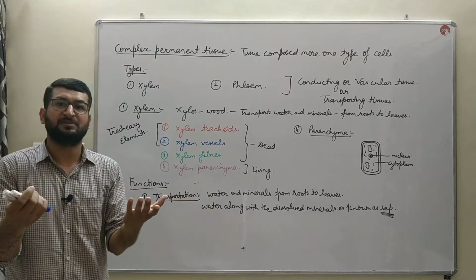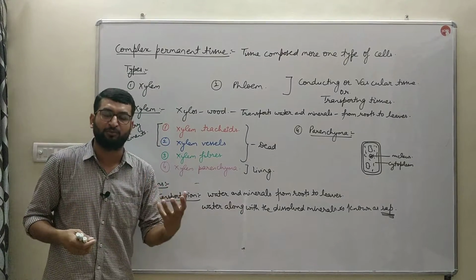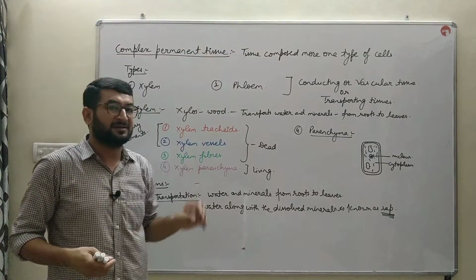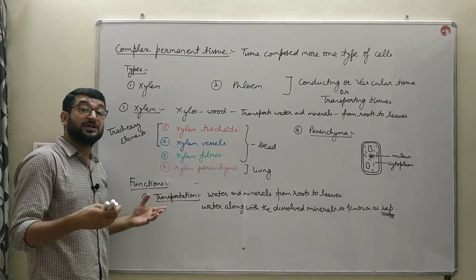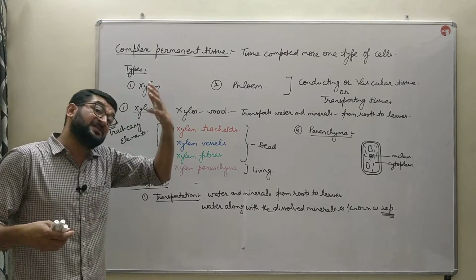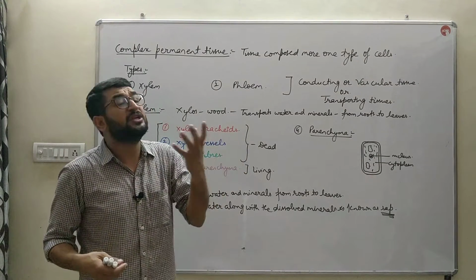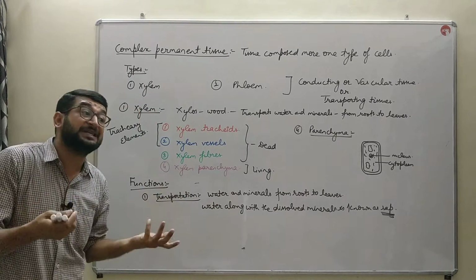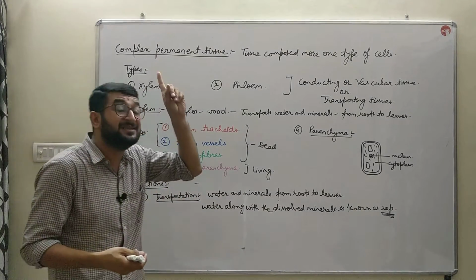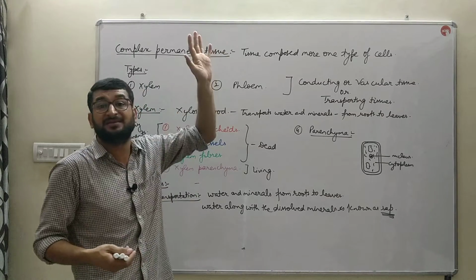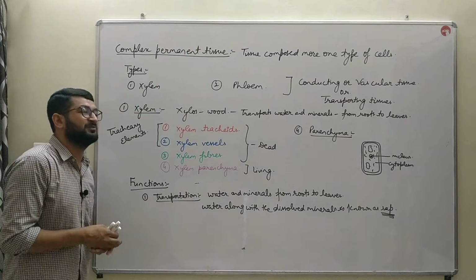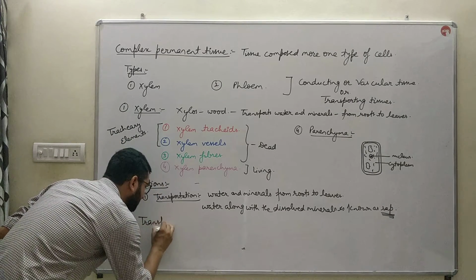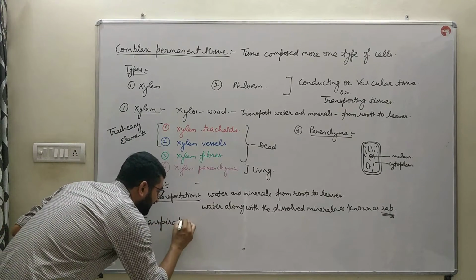You all must have seen Mom or Dad switch on the electric motor, the electric pump, and with its help the water goes up. But plants which are even 30 meters, 50 meters, 100 meters high, like pine trees, do not have an electric motor or electric switch. So how can water reach those long heights? That is because of transpiration.